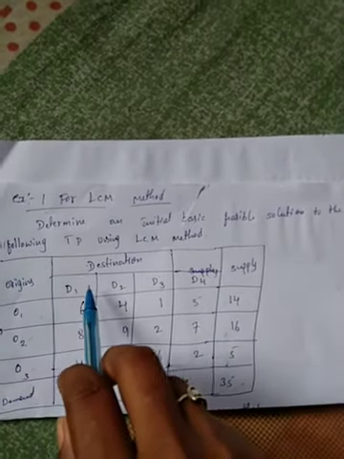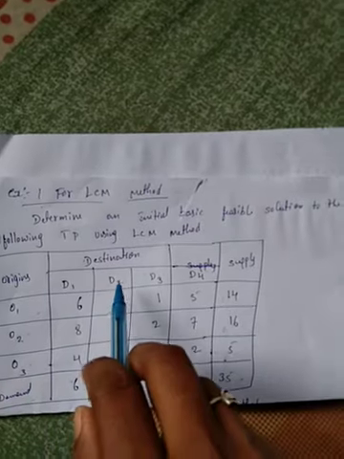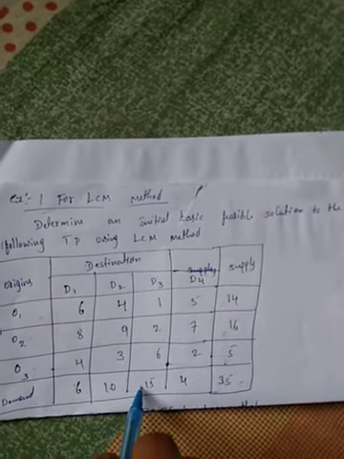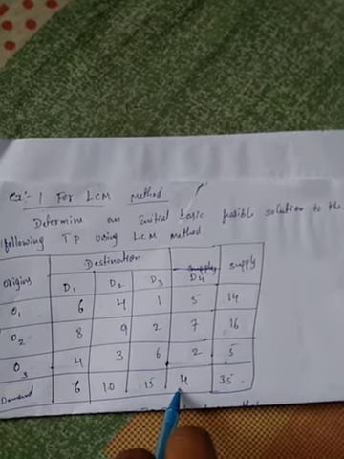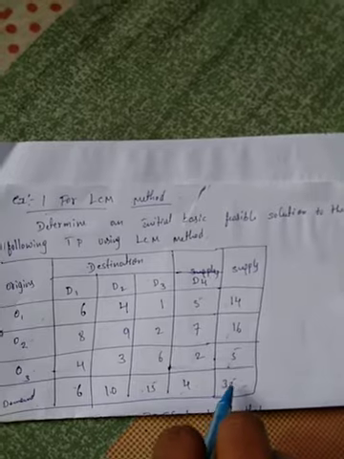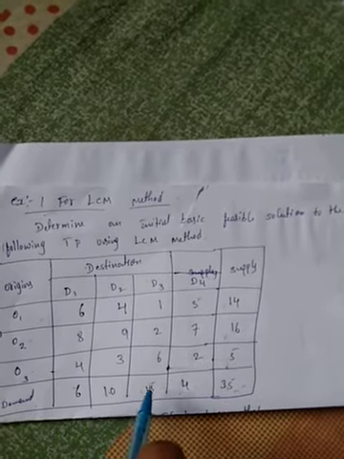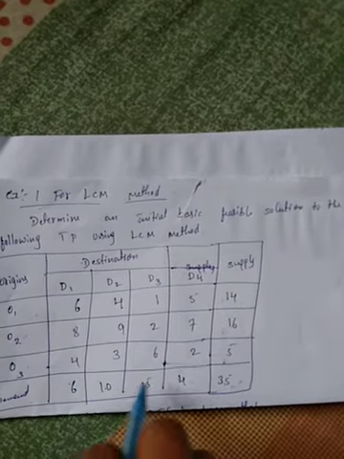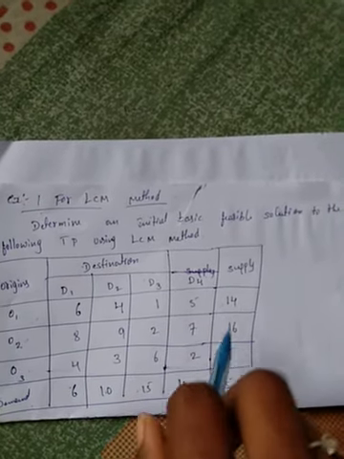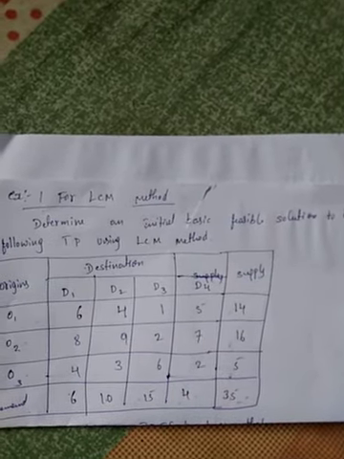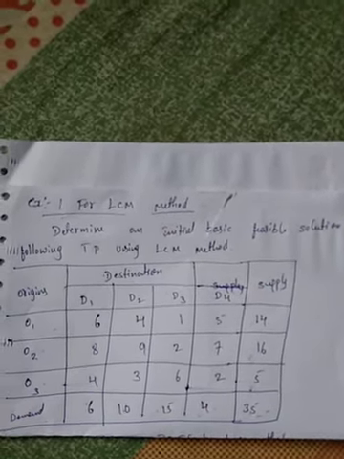D1 demand value is 6, D2 demand is 10, D3 demand value is 15 and D4 demand value is 4, so the total demand value is 35. The values 6, 10, 15, 4, 5, 16, 14 are called the rim values. The remaining values are considered the cost matrix, or transportation cost.